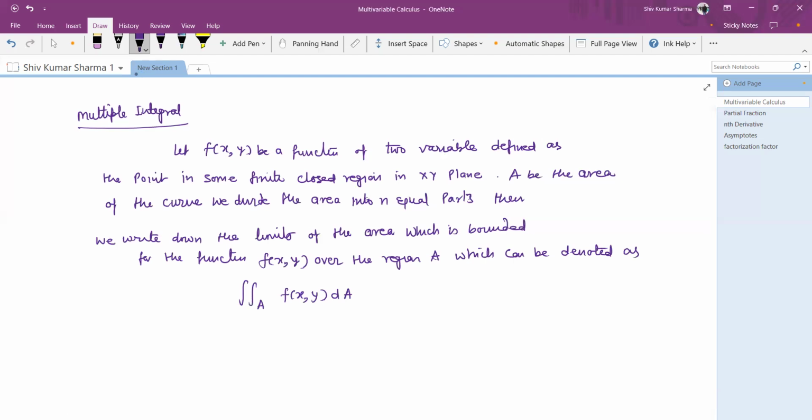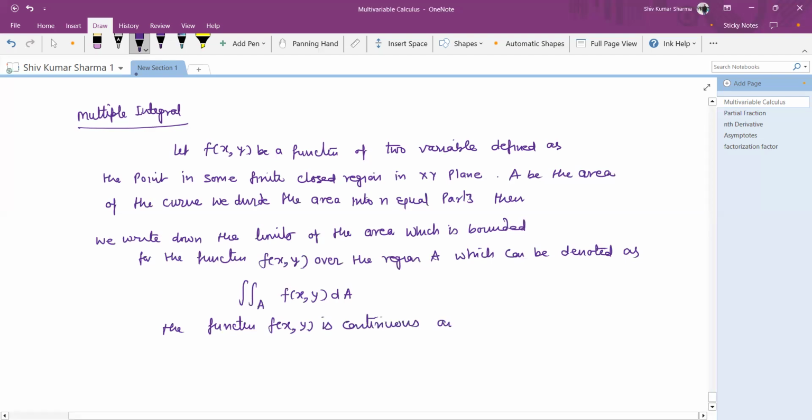So here the function f(x,y) is continuous and the limit exists.